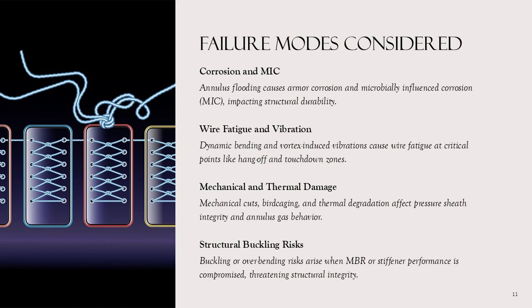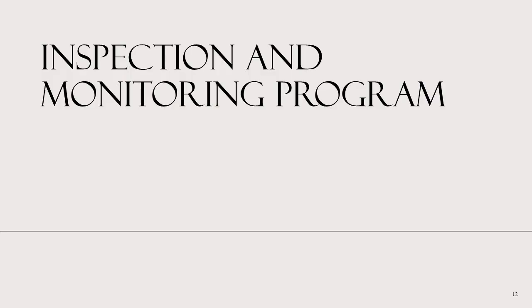Understanding these failure modes is essential for developing effective inspection strategies and analytical models that accurately predict remaining life and structural integrity. Detection and characterization techniques, classification and monitoring strategy.